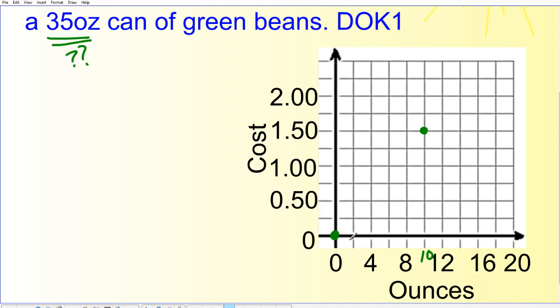Because if you buy 0 green beans, do you know how much that's going to cost? $0. So we actually have this line that goes from the origin through that point. And we can use that, and we can find the slope of that, and who knows? Maybe that'll give us what we need to get our answer. So let's try that quick.